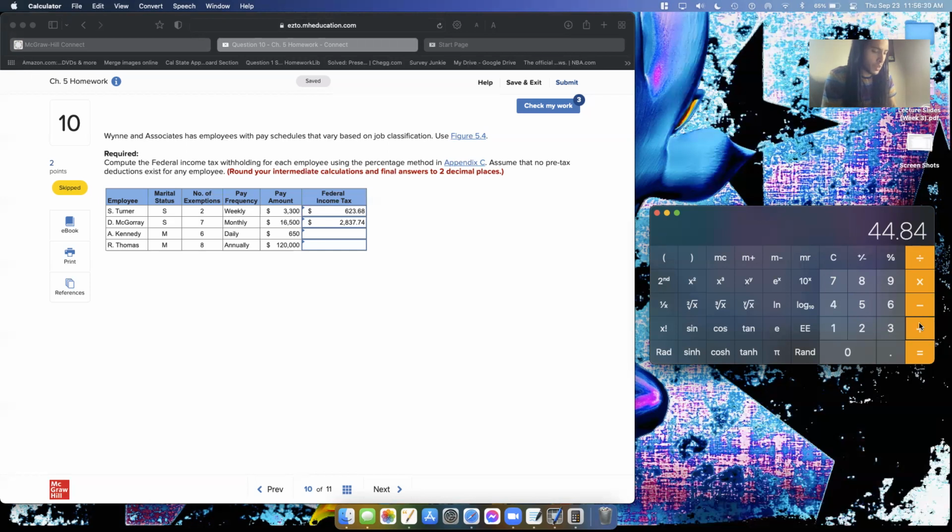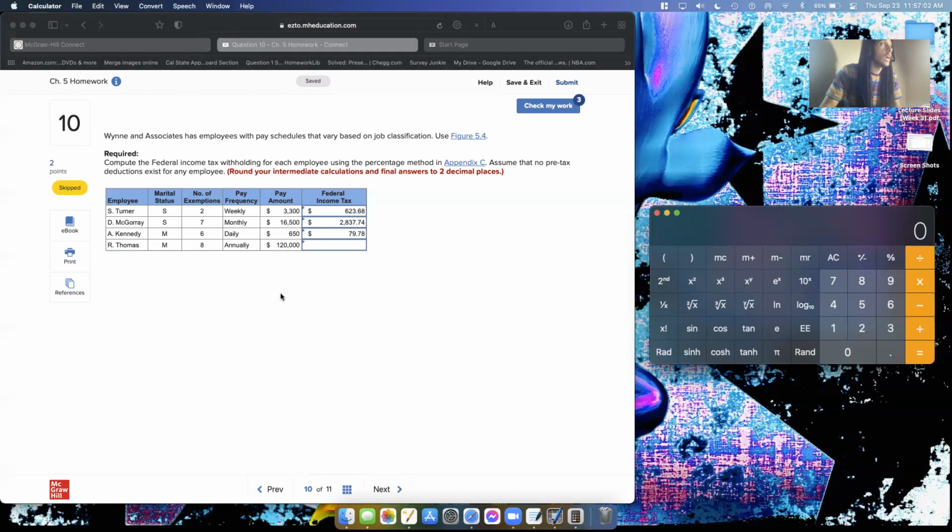And in the range of $349 to $693.10 for a married person that is paid daily, the fixed portion is $34.94. So if we add that at the end, what you're going to see is that the federal tax withheld for A. Kennedy, the federal income tax, is $79.78.